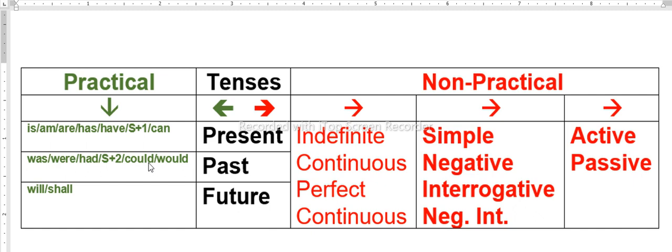We don't say that's wrong, but the right place of could and would is in the past. If you keep them in the past, that's very nice. And will and shall are for when you are talking about an action for the first time and guarantee that the action has not yet taken place. So that is future, will, shall.